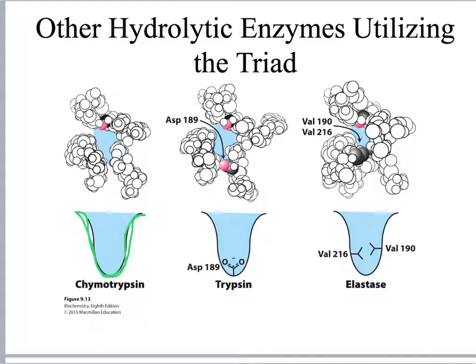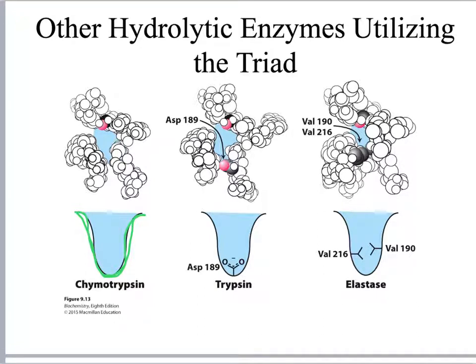Chymotrypsin is typically used as the representative serine protease, but other serine proteases exist in the body, and they use the same catalytic triad. This process involves both covalent catalysis and acid-base catalysis. We've seen that nucleophilic attack, and we've seen the transfer of a proton within the mechanism that we just discussed.